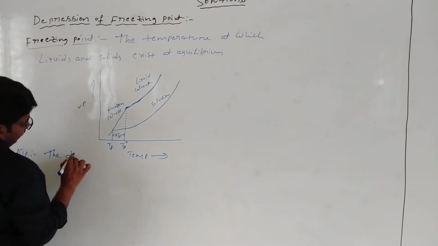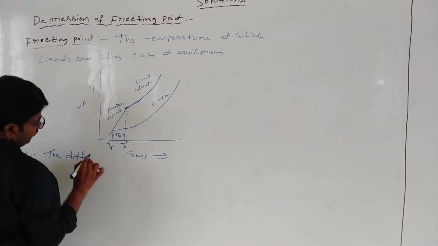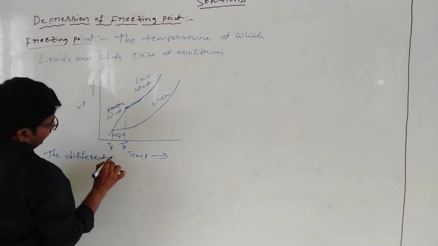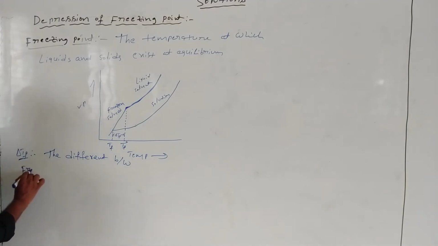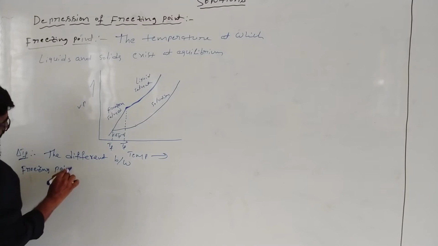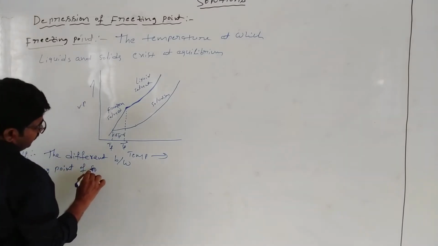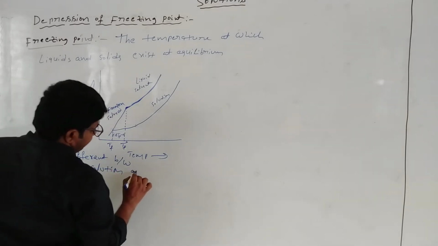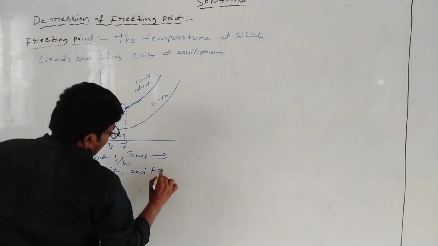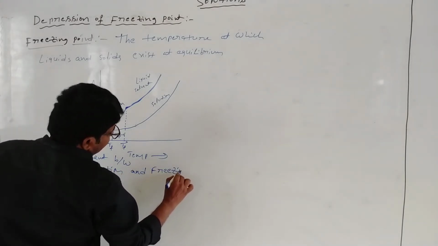The difference between the freezing point of solvent and the freezing point of solution is called depression of freezing point.